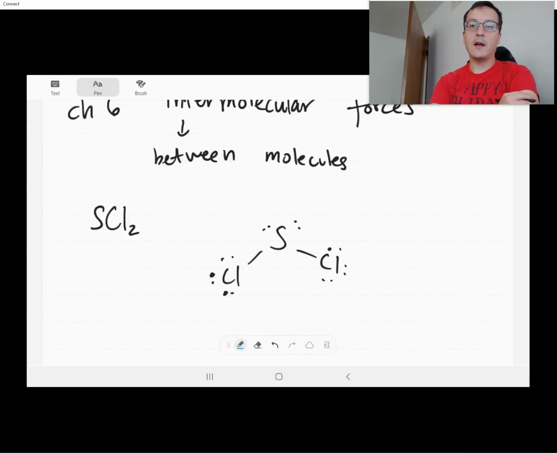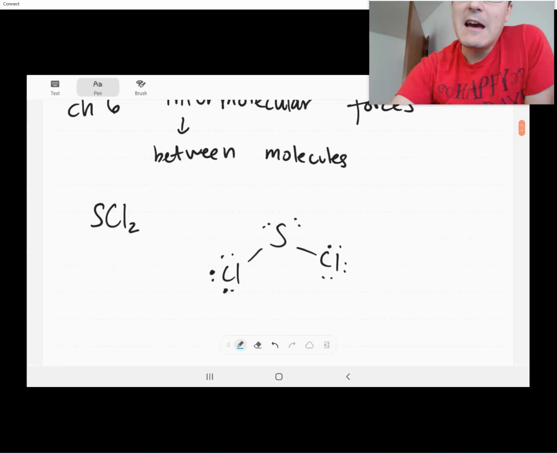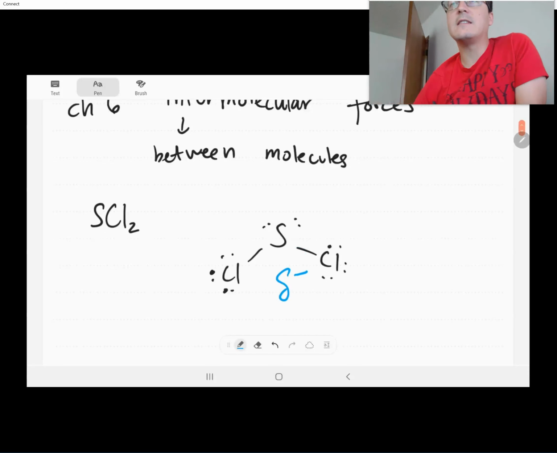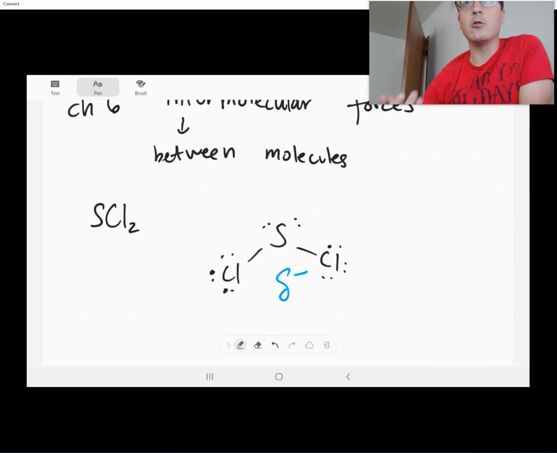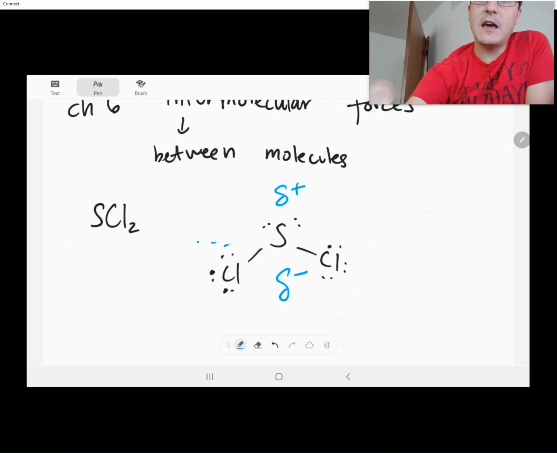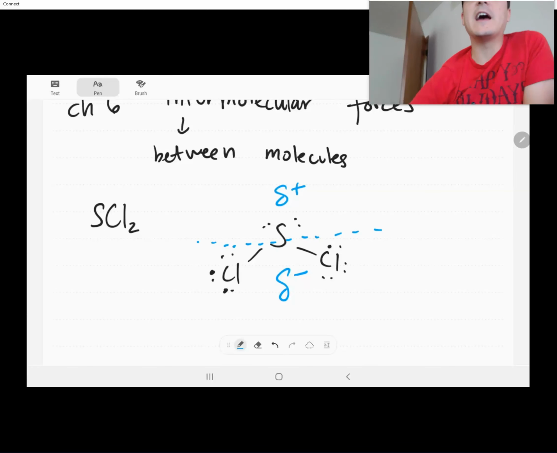And the molecule overall is polar because those chlorines are pulling electron density away, but those lone pairs are just sitting there. They're not doing anything. As a result, we're going to have a slightly negative side of the molecule near where those chlorines are, and a slightly positive side of that molecule. We can kind of say we cut this molecule in half.